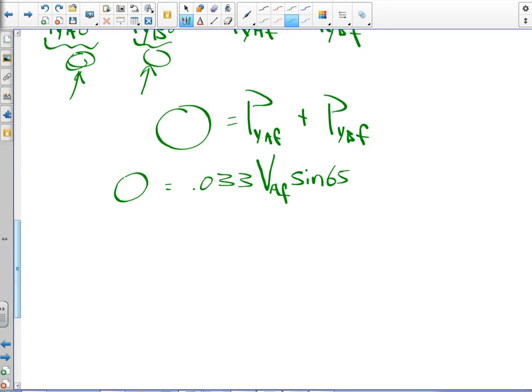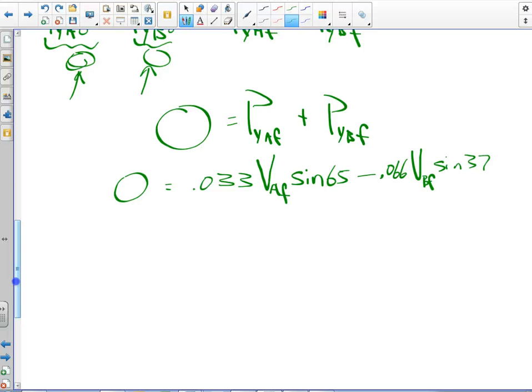So I'm going to say the downward momentum here is going to be, let's see, 0.066 times the final velocity of B, times the sine of 37 degrees. Which means the two of them have to have the same magnitude. If I bring that over, we'll simplify some things here too. Let's go 0.066 times the sine of 37 over there.